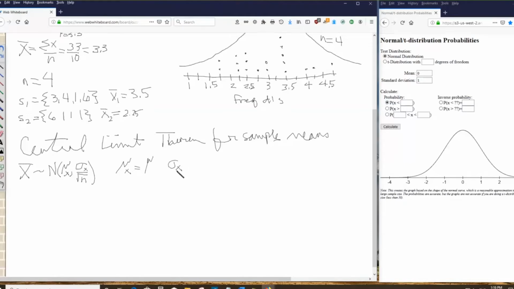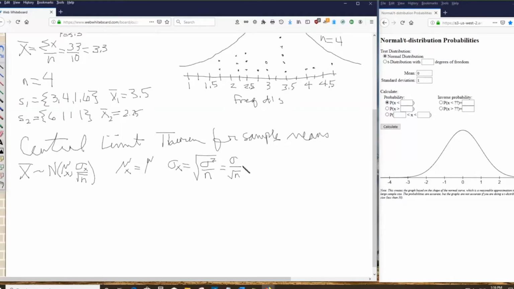Your standard deviation, or your sigma x, is going to be equal to the square root of the original standard deviation squared divided by n, where n is your sample size. You can write it as the square root with the square, or, as you'll see more often, as sigma over the square root of n.